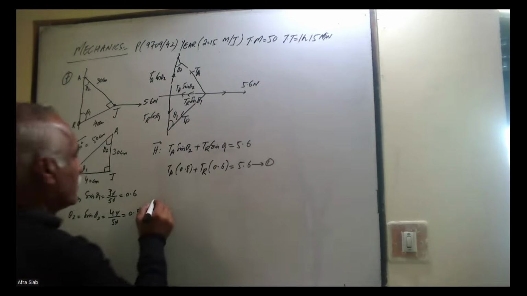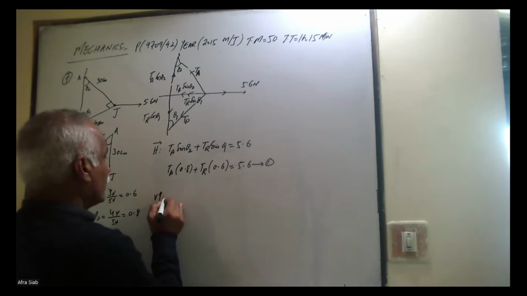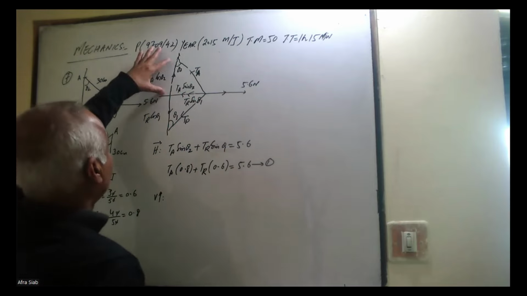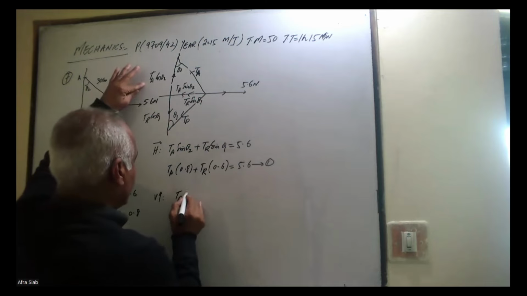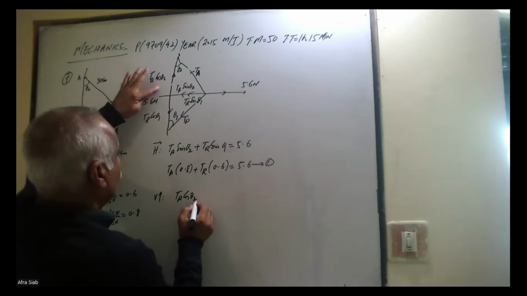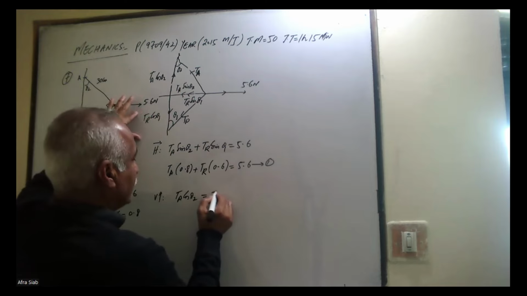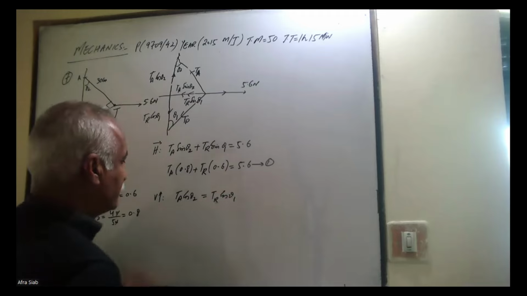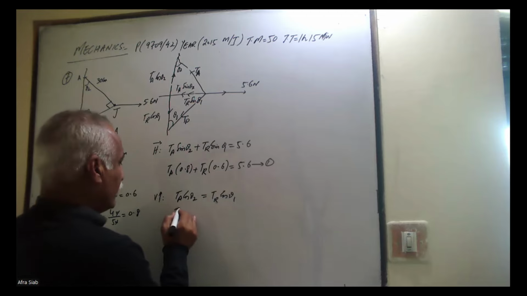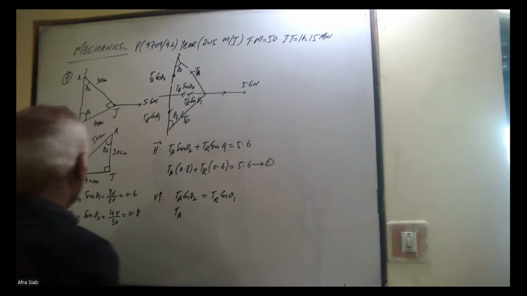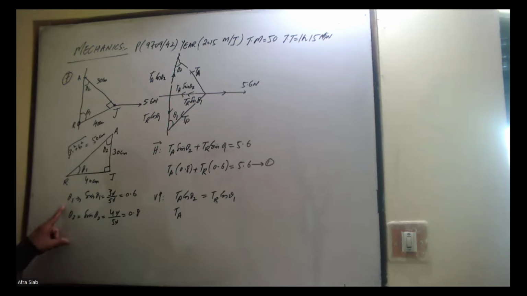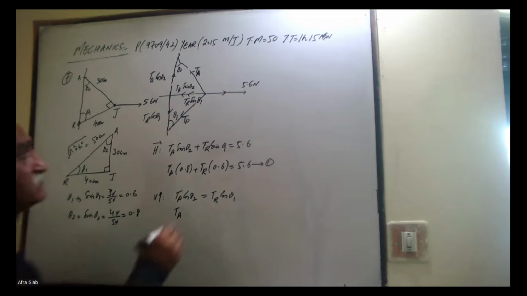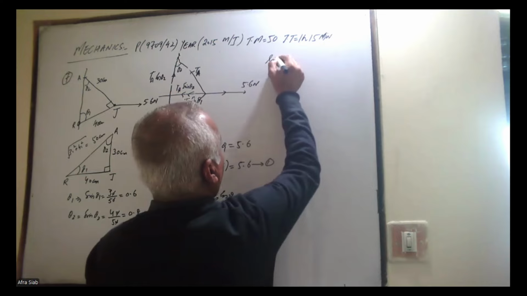The second equation is for the vertical forces, because they are also balanced. The vertical force upward is TA cos theta 2, and that is balanced by, sorry, TR cos theta 1. TA we don't know, but we know the property that sine square theta plus cos square theta is equal to 1.